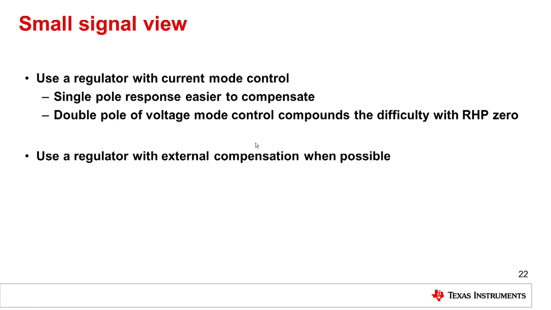The double pole existing in a voltage mode type control only compounds the difficulty that you'll have with the right half plane zero when you try to compensate the loop. Of course, if possible, you should try to select a regulator that has external compensation components to give you much more flexibility when setting your loop characteristics.